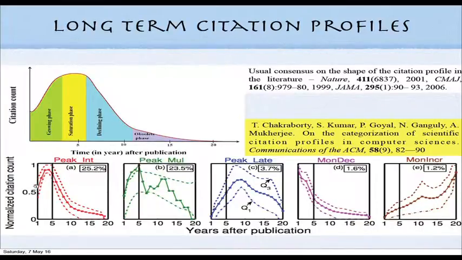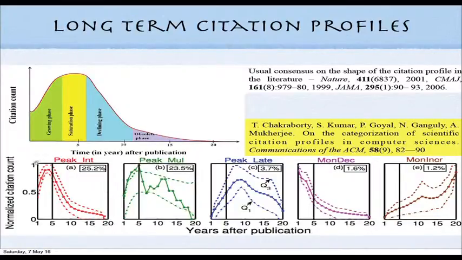Apart from the citation profile that researchers have already observed, the one I show here in red in the first left-hand figure, where the paper accrues most of its citations in the first 3 to 5 years and then there is a steady decline, there are other behaviors.